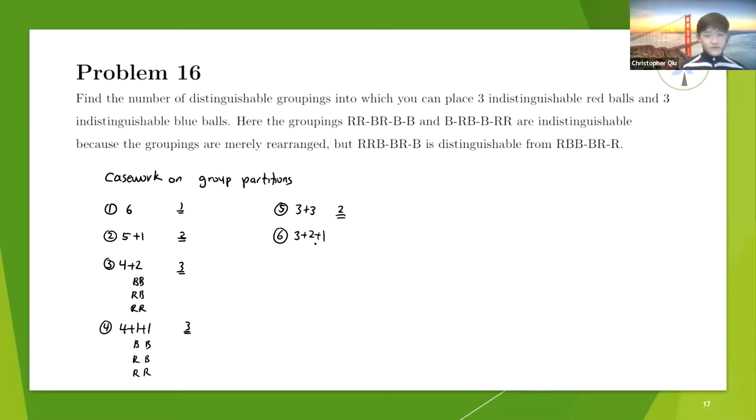Our next case is having one group with size 3, one group with size 2, and one group with size 1. As for this one, we can first choose the color of the ball in the group with one ball in it. And there are 2 ways to do this. We can choose either red or blue for this group.